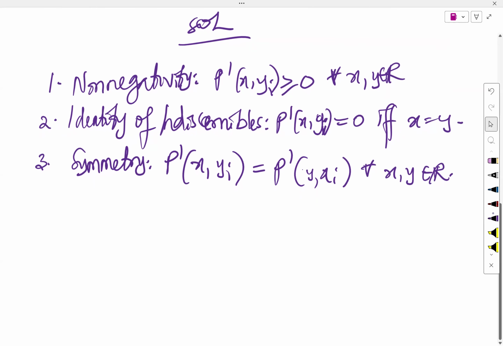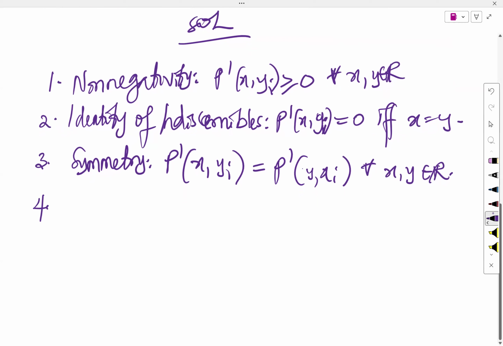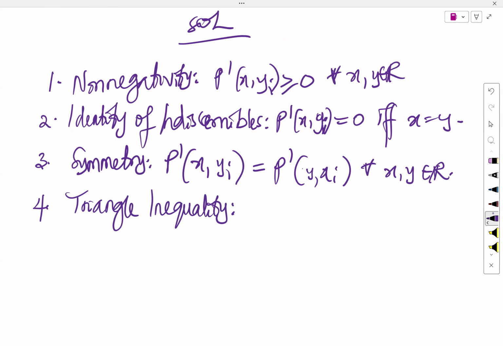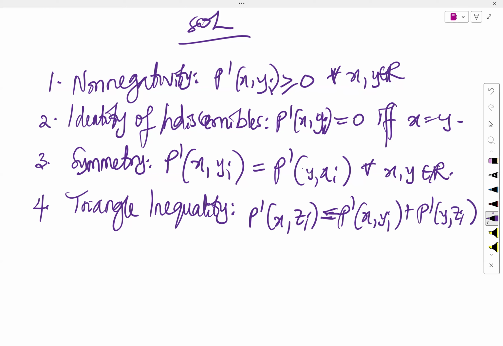And lastly, you have the triangle inequality, which says p prime of x comma z is less than or equal to p prime of x comma y plus p prime of y comma z.